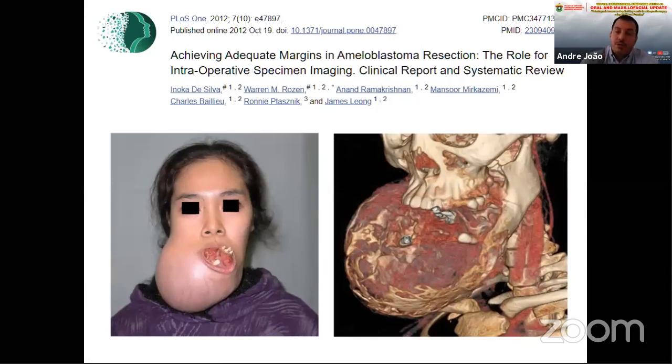I got this one from the literature. The authors are from Australia and the United States. I have never seen a case like this. It's a very aggressive ameloblastoma. But that's the main difference that developed countries have. They have all the resources and all the trained people to give the ideal treatment.